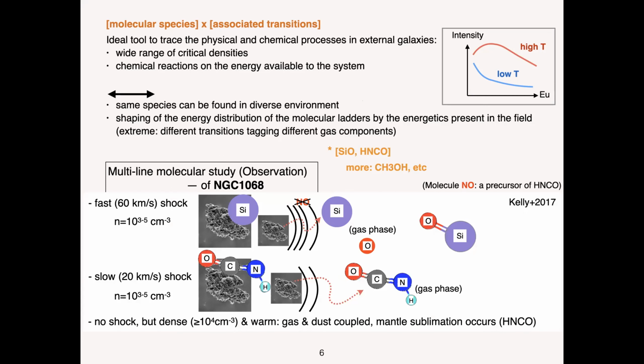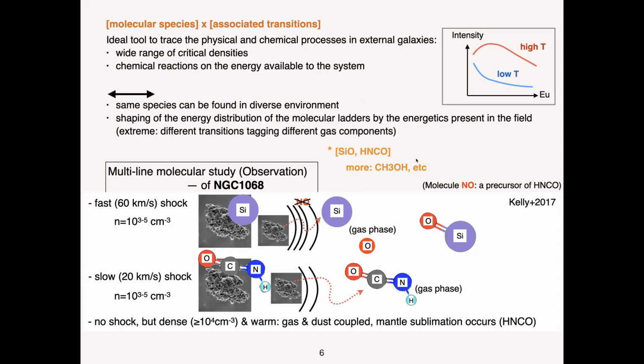For our case, we use SiO and HNCO. Both are often used as shock tracers, and SiO has been proposed to be a very good tracer for strong or fast shocks. This is based on chemical modeling in the literature.